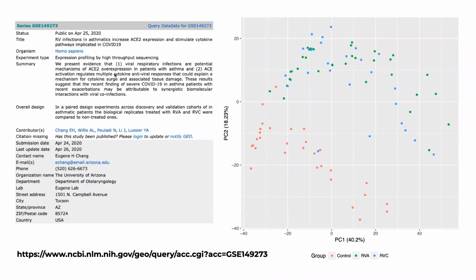So here you can see that they paired design experiments across discovery and validation cohorts in asthmatic patients. The biological replicates treated with rotavirus strain A and C were compared to non-treated. And so here again, you have PCA of this data, you have control group, and then RVA and RVC.